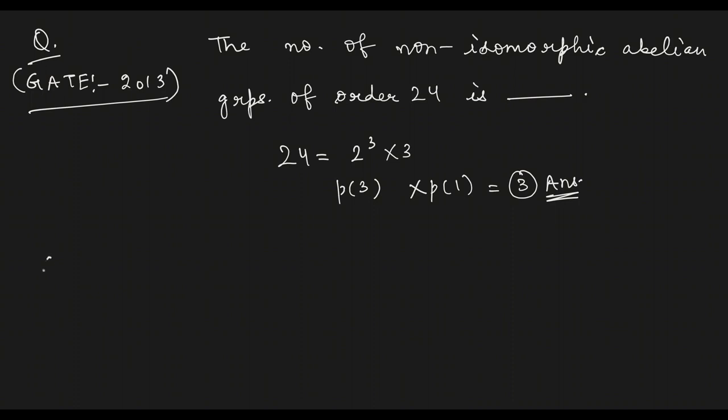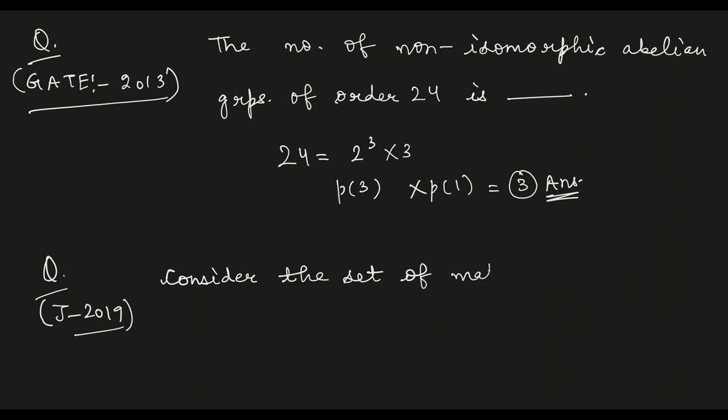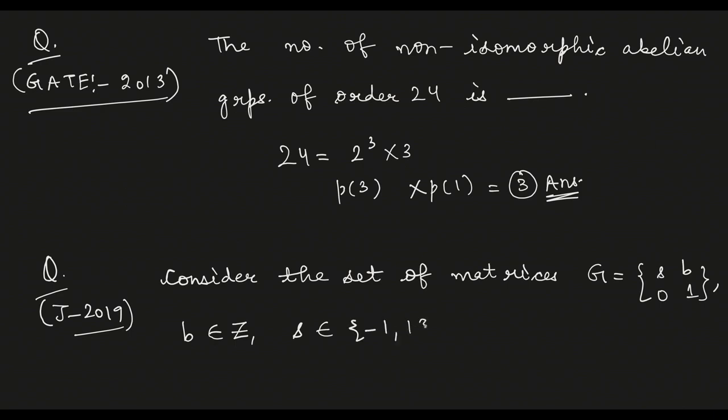Next, consider the set of matrices G equal to the matrices with rows (s, b) and (0, 1), where b belongs to integers and s belongs to minus 1 comma 1.